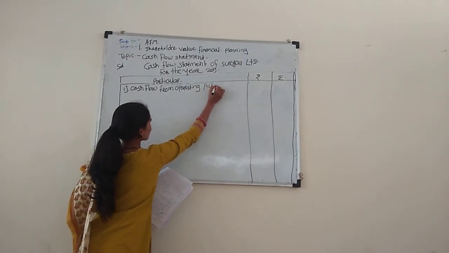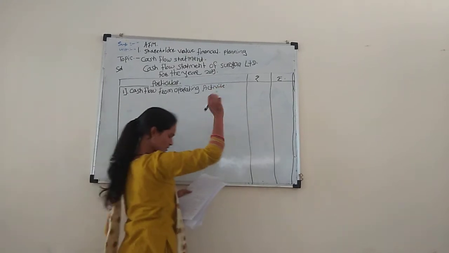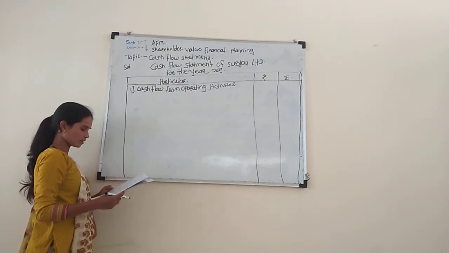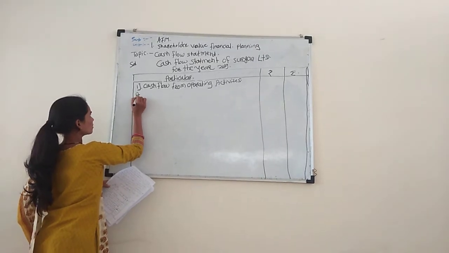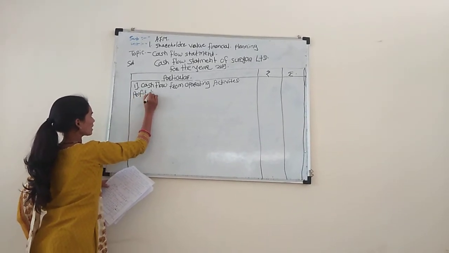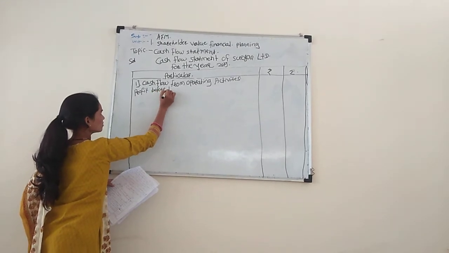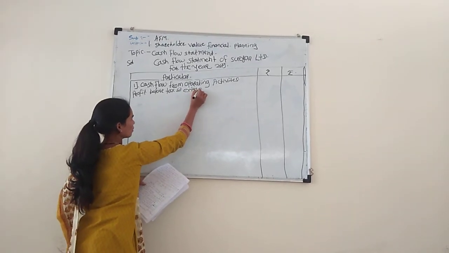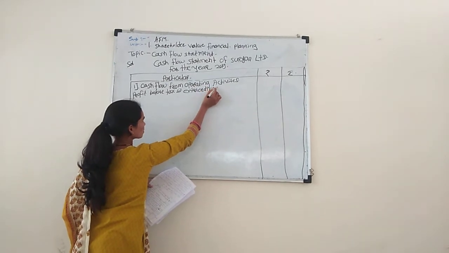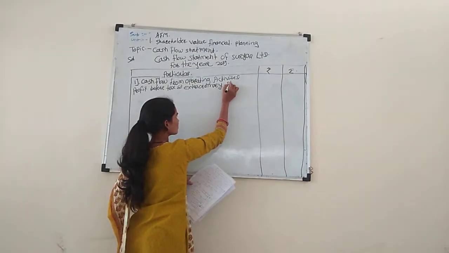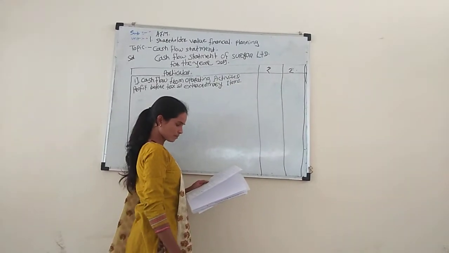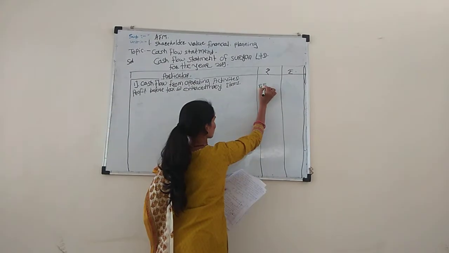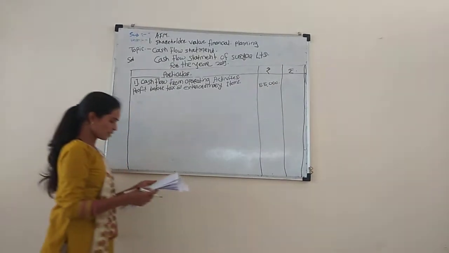Profit before tax and extraordinary item: 55,000 in the rupees column. Next, the adjustment.